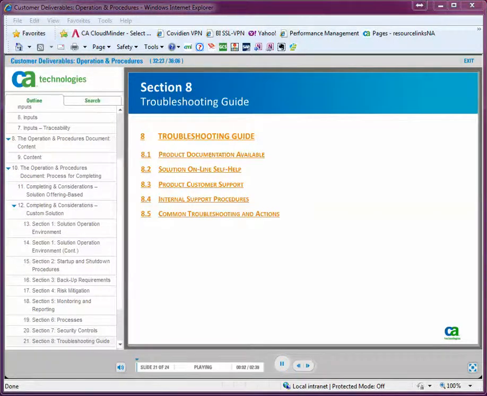Section 8 is one of my favorites, the troubleshooting guide. Definitely helpful for troubleshooting and triage when things aren't quite right.